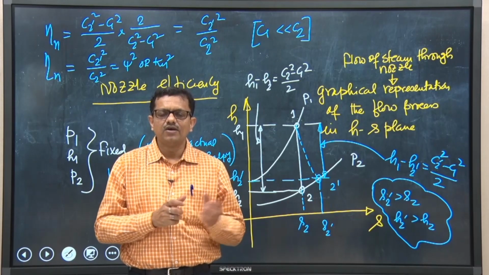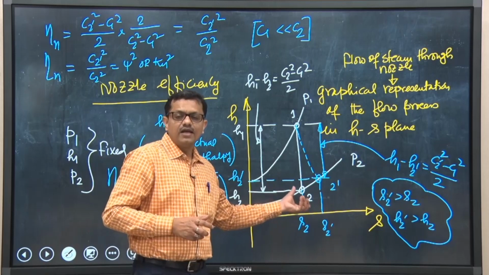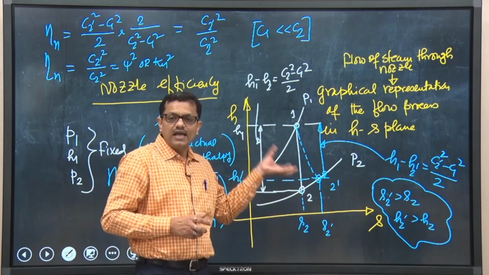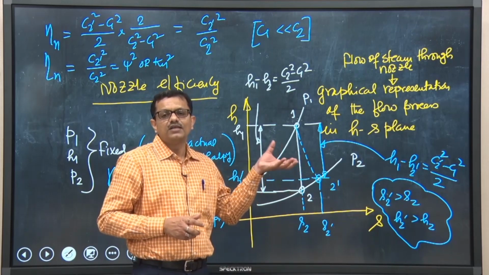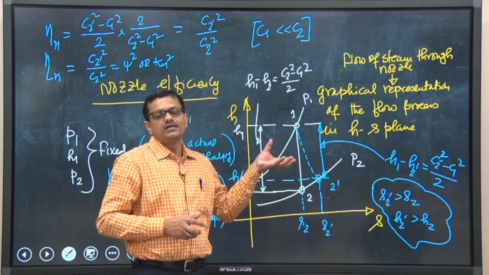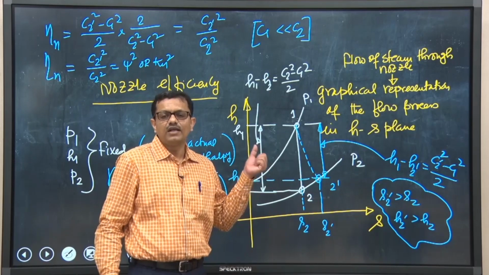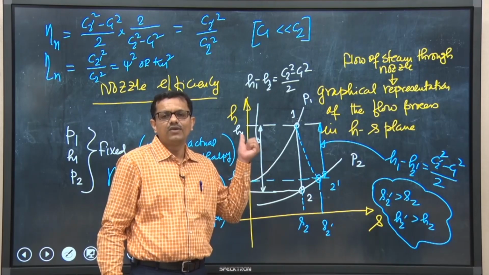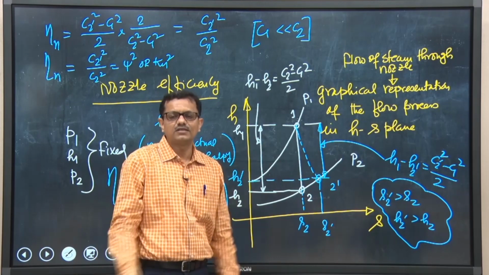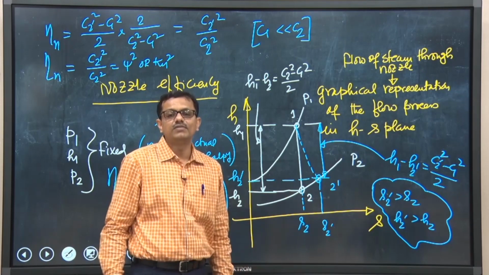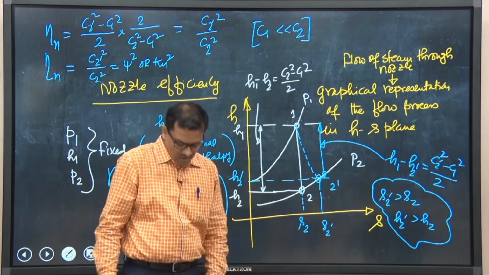Accounting for this frictional effect, we mapped the process in the HS plane, and we have seen that the gain in kinetic energy due to the drop in enthalpy in the actual case is always less than in the ideal case. Because of this, we can define an efficiency, known as nozzle efficiency, and we have mathematically expressed it and seen that it is nothing but the square of the velocity coefficient.